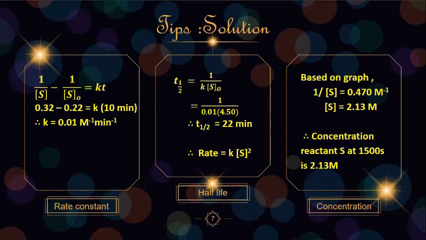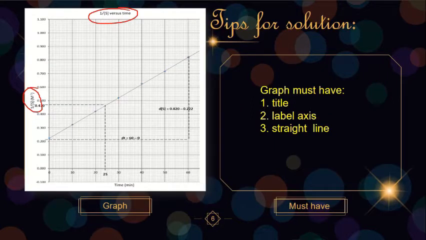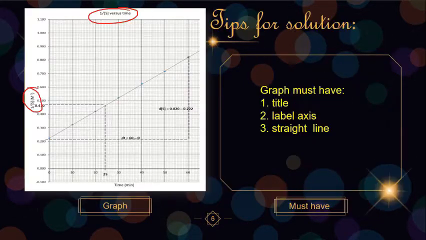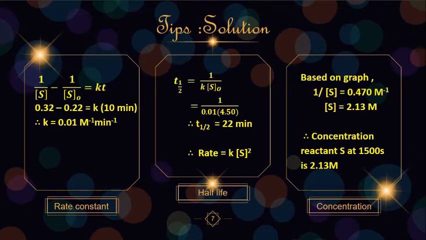Okay. So now we need to answer the next question, which is calculate the value of rate constant, half-life, and you need to write the rate law for this reaction. So if you can see, now we need to find the rate constant using the second order. You already know this is second order. So you need to use the equation 1 over concentration S at a certain time minus 1 over concentration S naught is equal to kt.